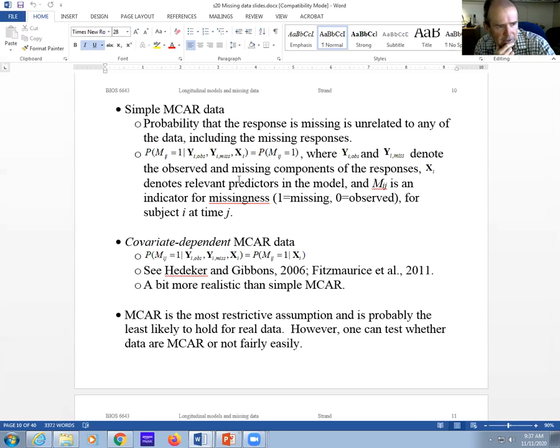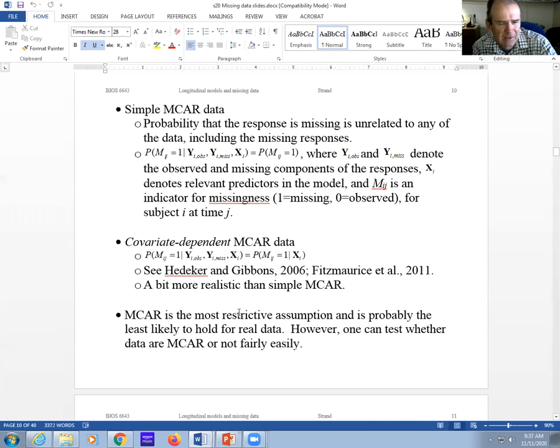There's a slight variation of that called covariate dependent missing completely at random, which, instead of the probability that m equals 1 on the right side, says that it could depend on the covariates. The missingness could depend on the covariates, but not on the outcome, the observed or missing outcome data.